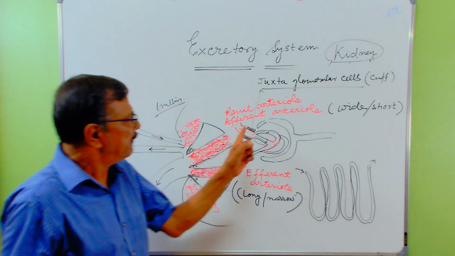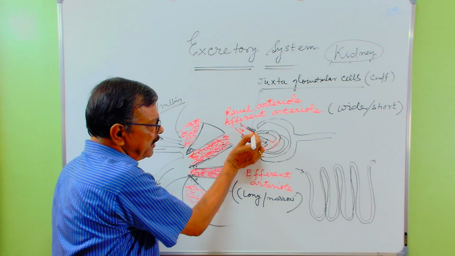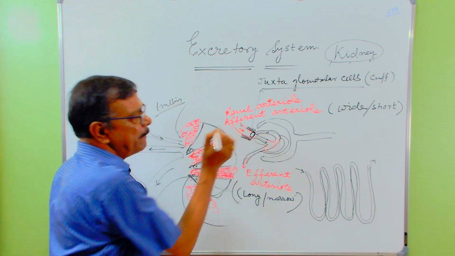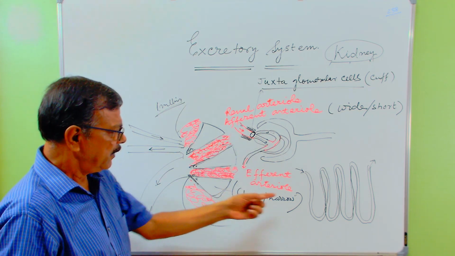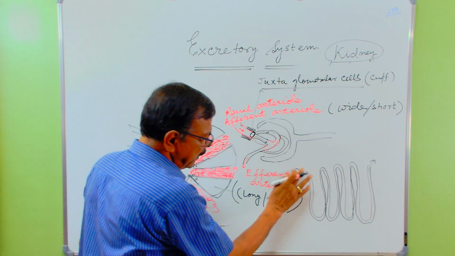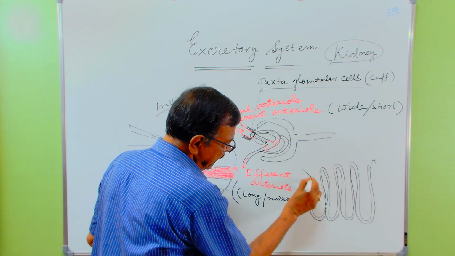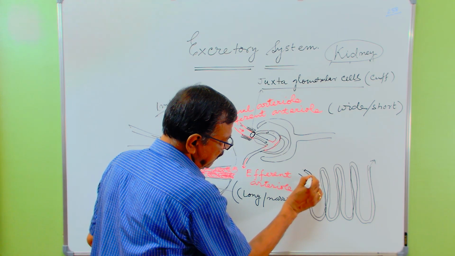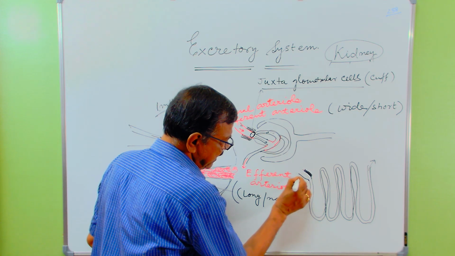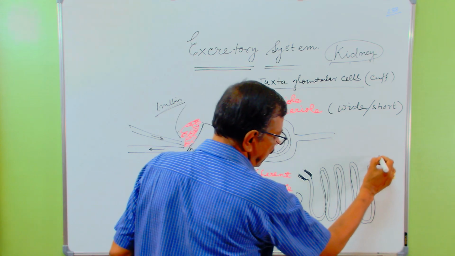Sorry, the afferent arteriole is short and wide, so its diameter is more. And this is long and narrow, its diameter is narrow. So I am making this one short and broad, having the juxtaglomerular cells here, and this is long and narrow.